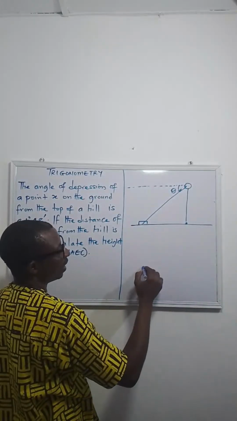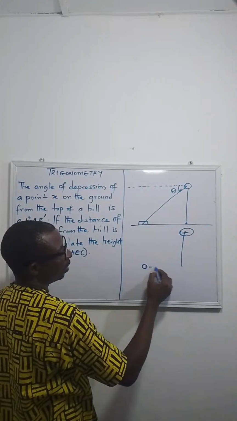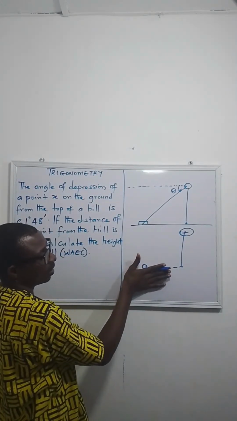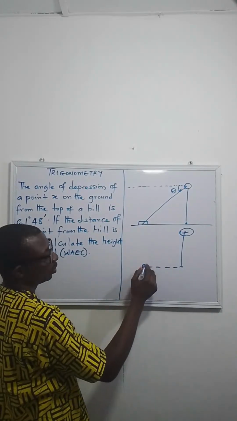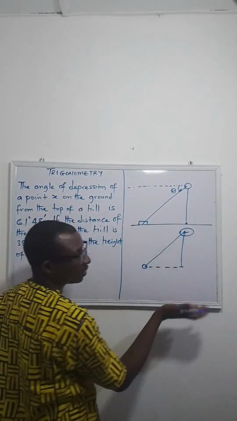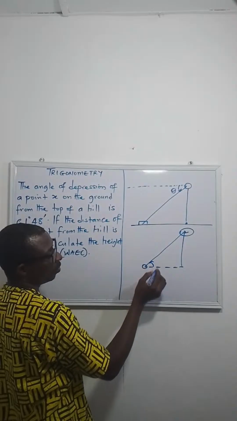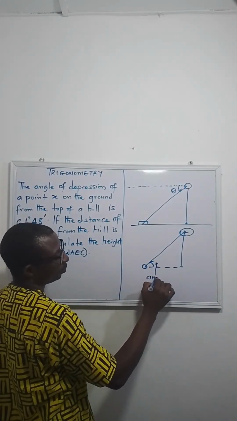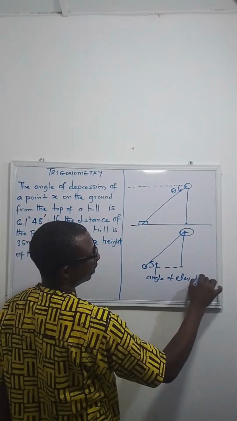But if we have an observer here looking at the top of a tree, the observer first looks straight, then raises his head up to look at what we have at the top. So the observer is going to elevate his head up. The angle here is what we call the angle of elevation. We discussed this in the last class.